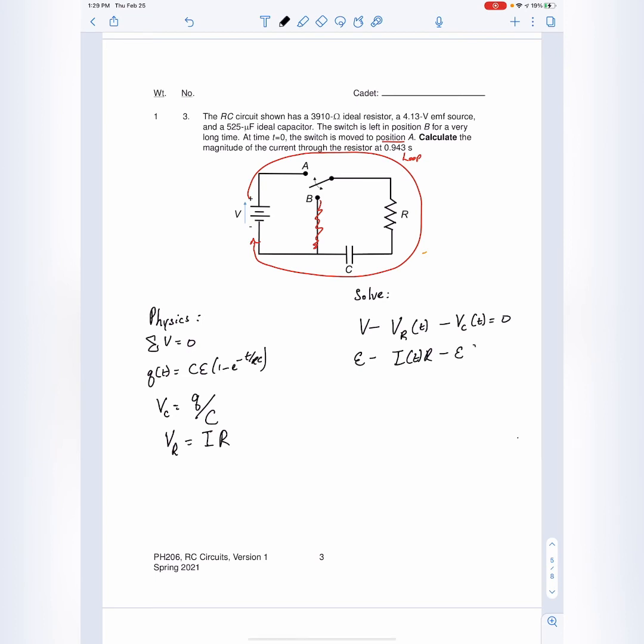And then EMF times (1 minus e to the negative t over RC) equals 0. And then we have EMF over R times e to the negative t over RC equals I(t), which is current over time.